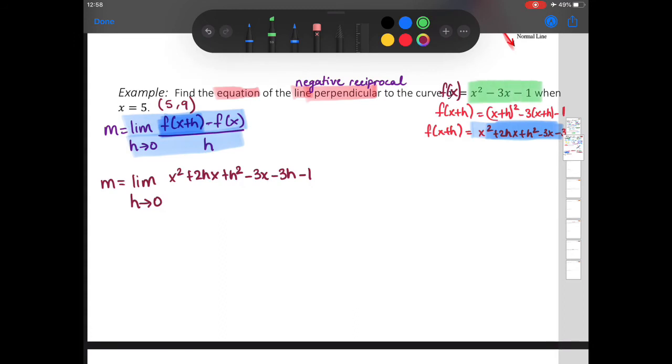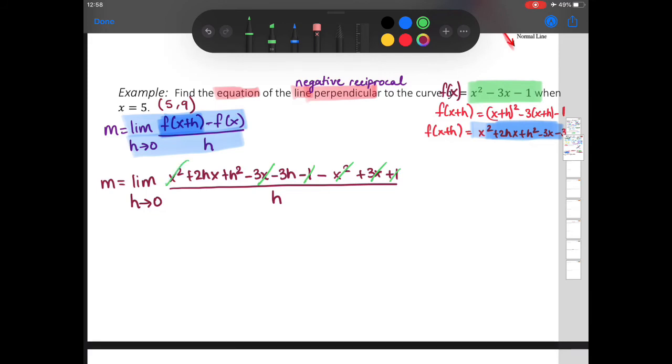So what will that be? Minus x squared plus 3x plus 1. I hope we all understand we distributed the negative, right? All over h, right? So let's see what cancels out. My 1's cancel out. 3x, negative 3x, negative x squared, positive x squared.